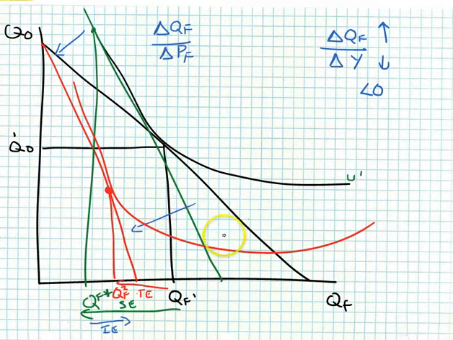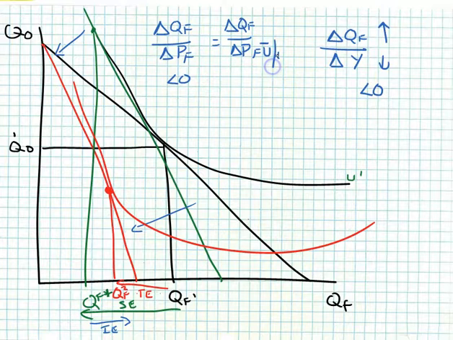Still, we took less from QF1 to QF2. Less than zero is equal to a change in the quantity of food given a change in the price of food, holding utility constant, minus the original quantity of food times the income effect.